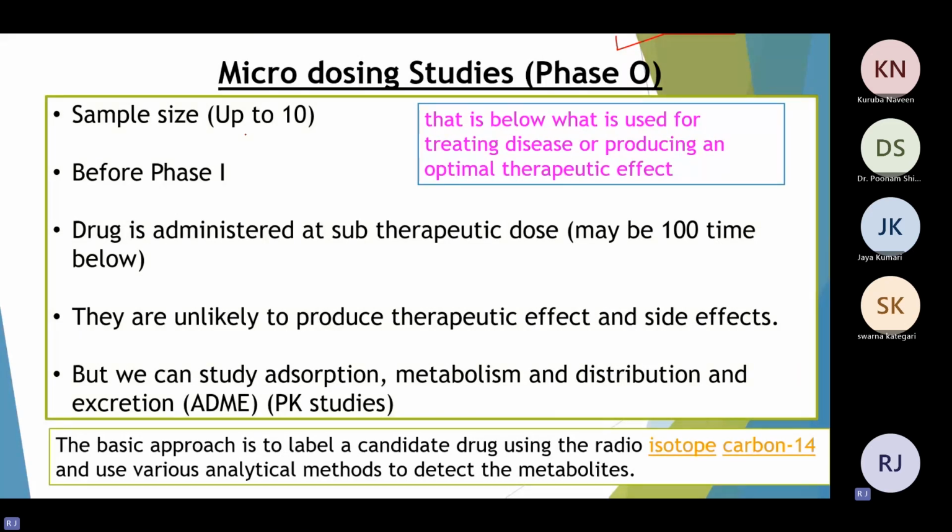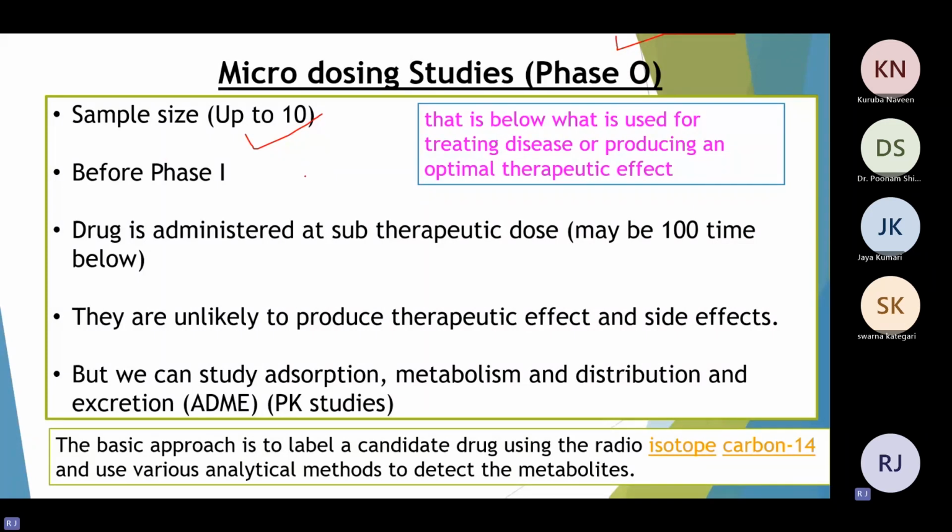Generally the number of people in which a drug is tested will not be more than 10. When we do this phase 0, we do this before phase 1, means discovery, preclinical, then phase 0, then phase 1 will start.